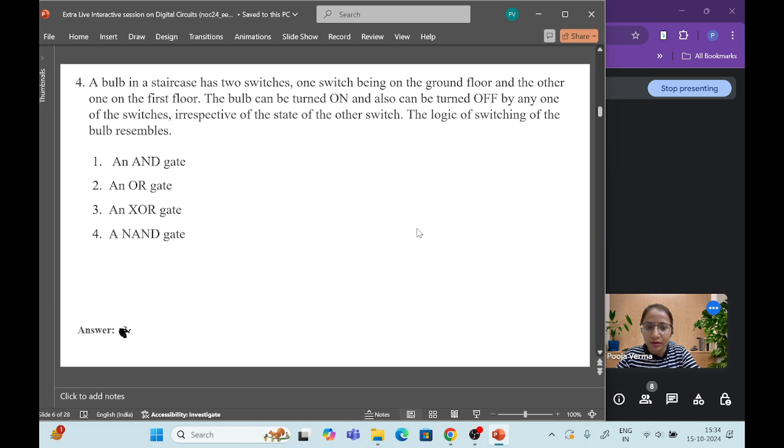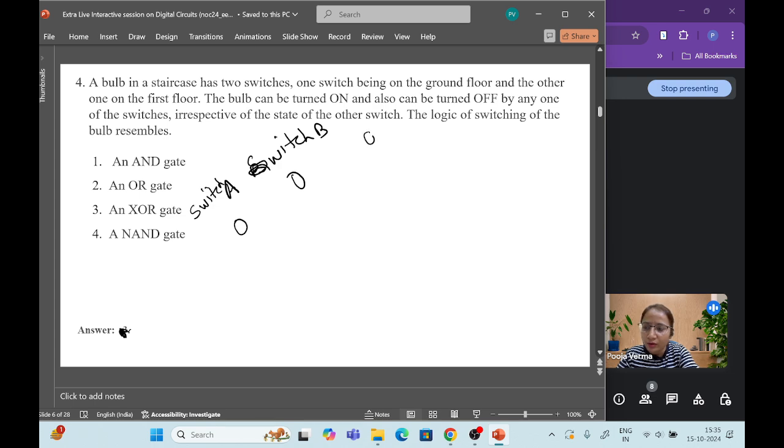Let the switch on one floor be labeled as A, and the switch on the other floor be labeled as B.